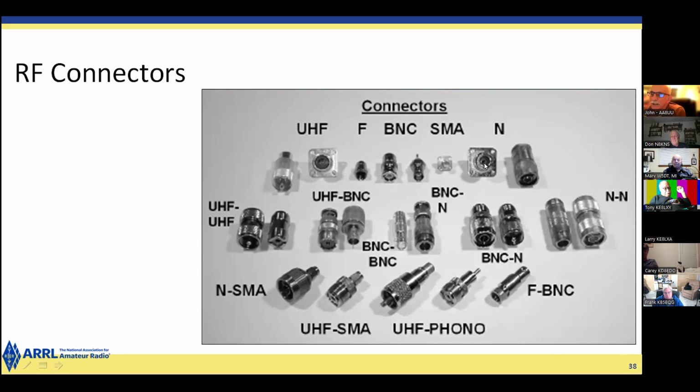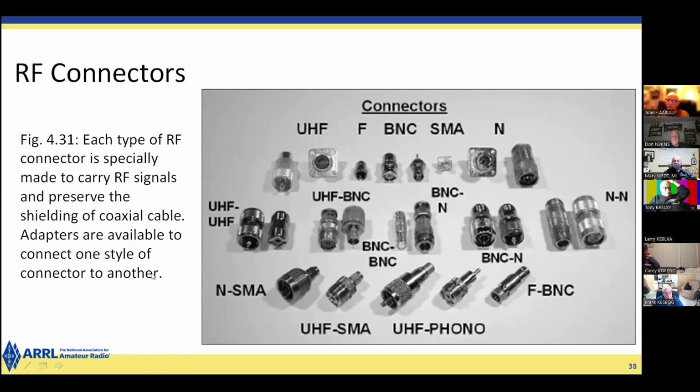SMA, an N, and there's another N, some more VHF all across there. And these are converters to get from UHF or PL259 to BNC. And these are different converters, and there are some converters to SMA. You go back to World War II, there's even more of them. Oh gosh, on some of the old equipment.